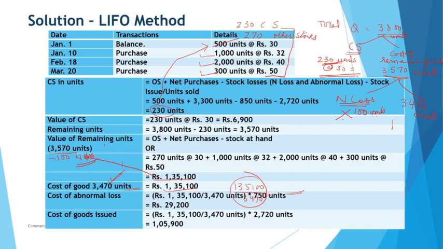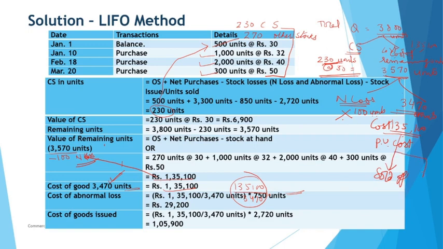So your cost of remaining units, 1,35,100. This is your cost. This was the cost of 3570 units, 1,35,100. So this cost will be spread over these good units. So that will give you updated or revised per unit cost. Now these units are normally sold off. So if the units are sold, this will be your cost of goods sold.